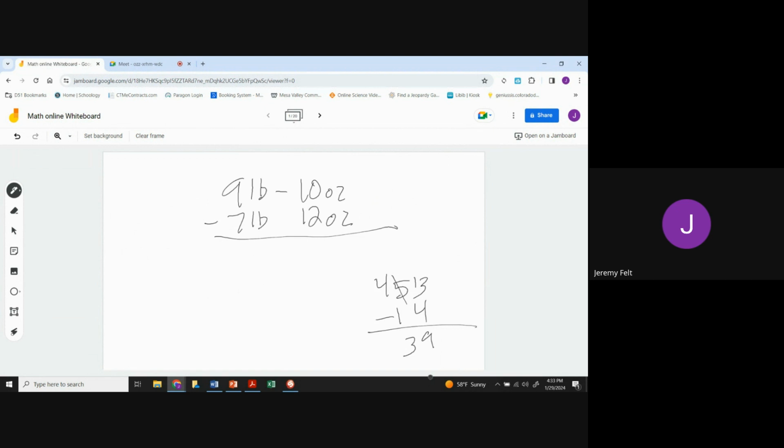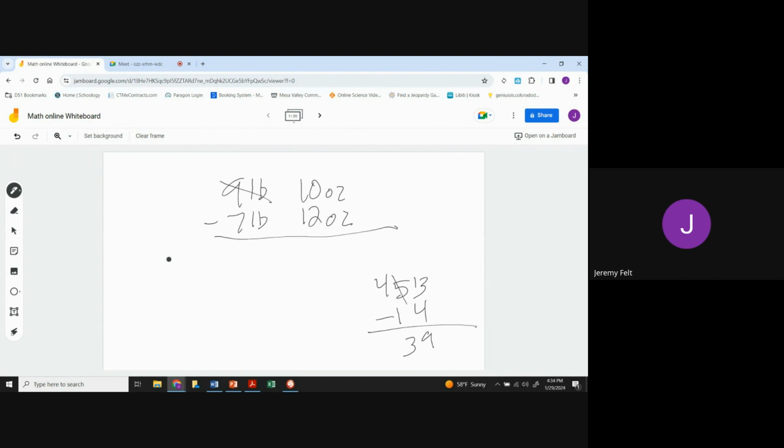So it's going to be the same concept right here, because 10 minus 12, well, that's a negative number. So 10 minus 12, we can't do that.